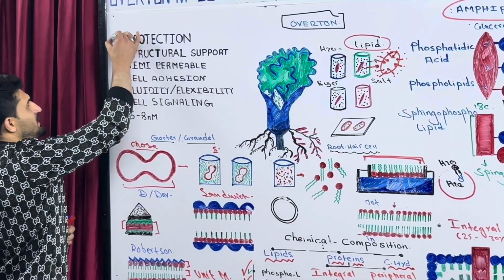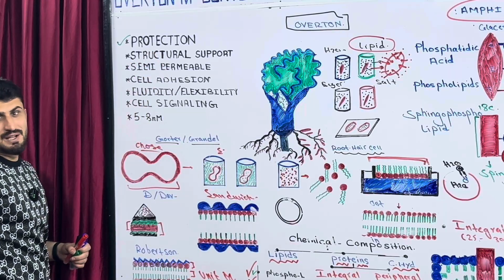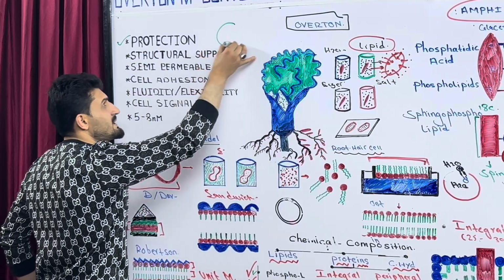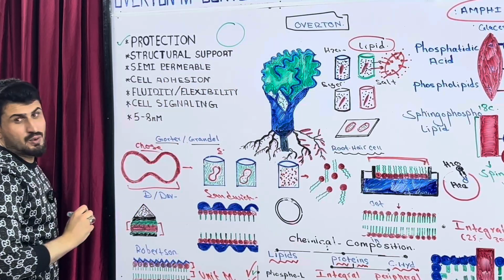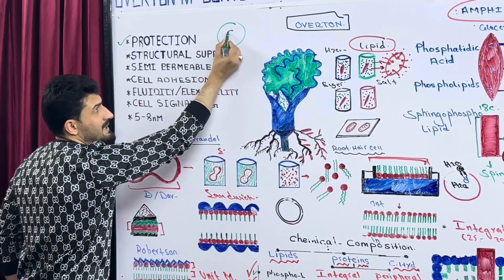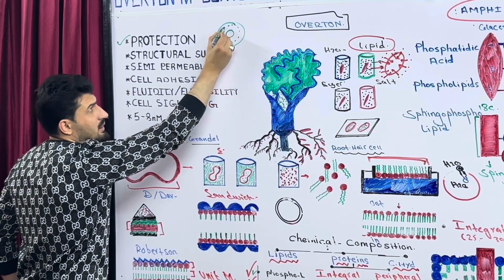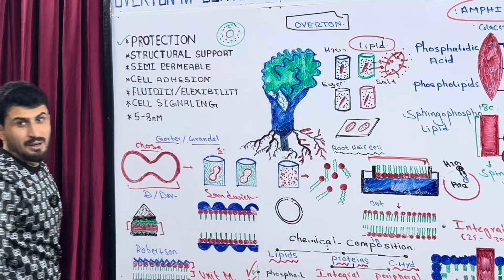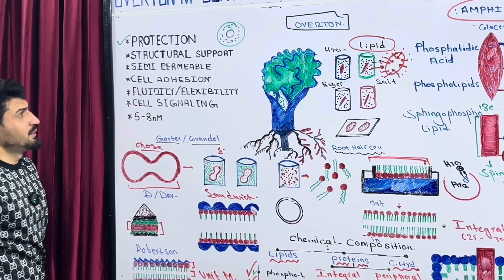Its first function is that the cell membrane has a role in protection of a cell. For example, this is a cell. This cell membrane surrounds our intracellular structures, our DNA, our nucleus, and anything which is present inside of our cell.